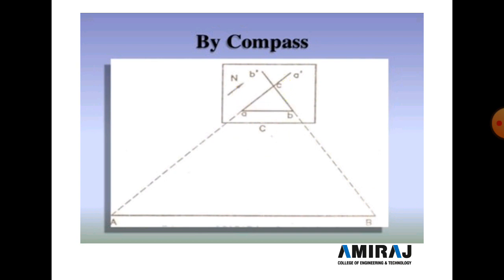Set the table at point C and orient it with the compass. Clamp the table, pivot the alidade about a and draw the ray towards A, and similarly pivot the alidade about b and draw the ray towards B. Both lines intersect at point c. This method is known as the compass method.